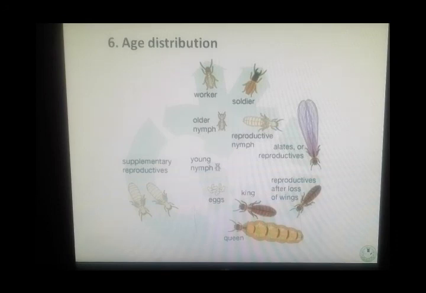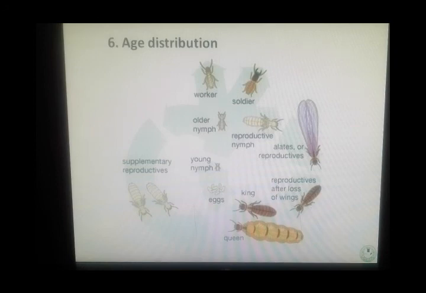How many individuals are there in the immature stages, how many in mature stages, or even how many in the egg stage, the ratios among them are very important to understand that particular population.